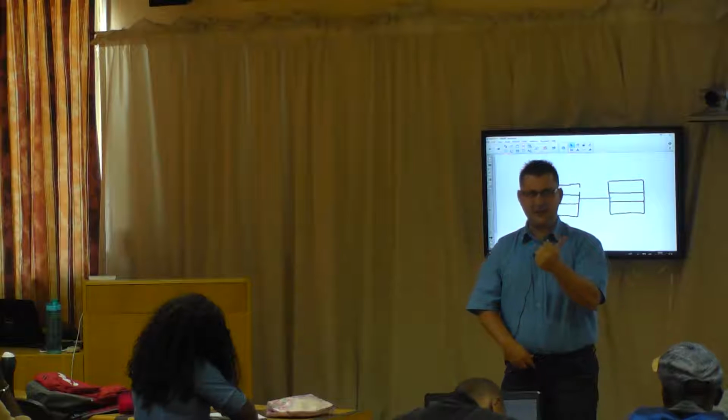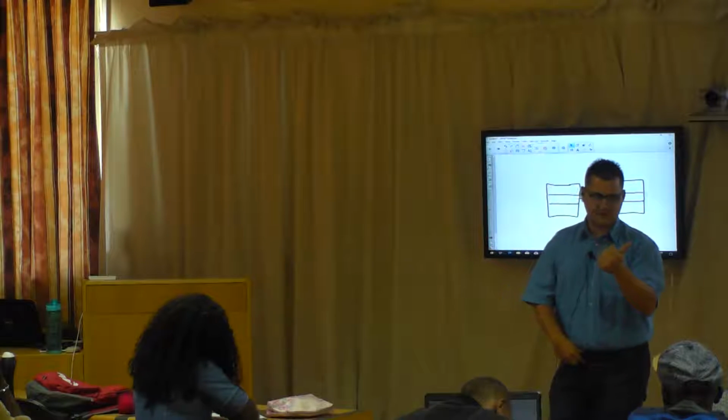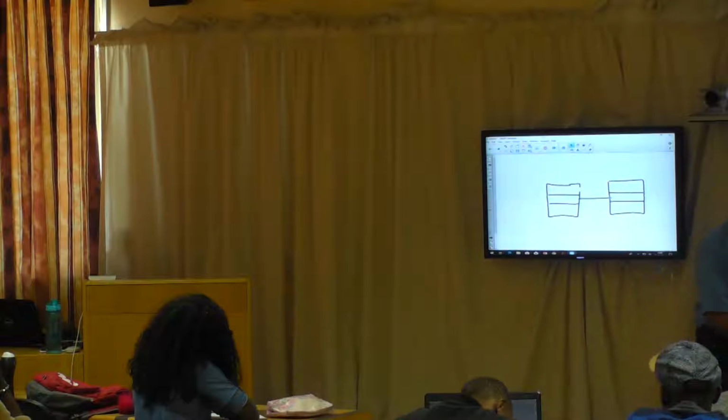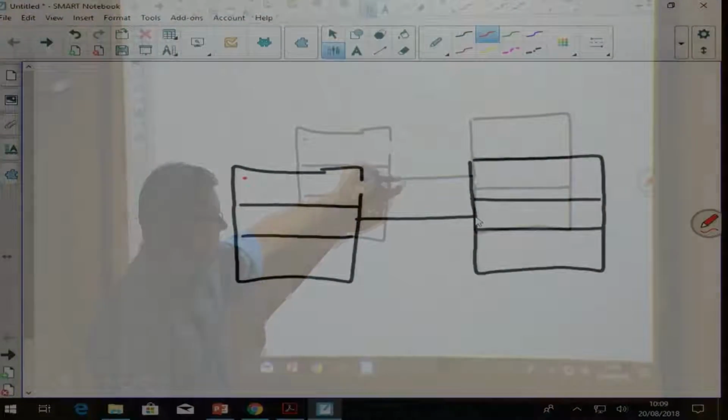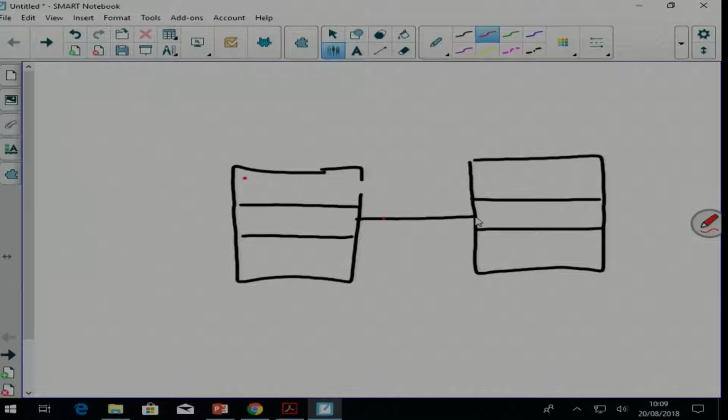Well, you at least need to have the classes. Okay? So over here we have a class. We also have our association. We can have multiplicity. Okay. What else?